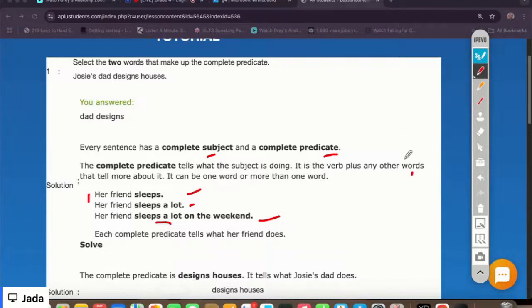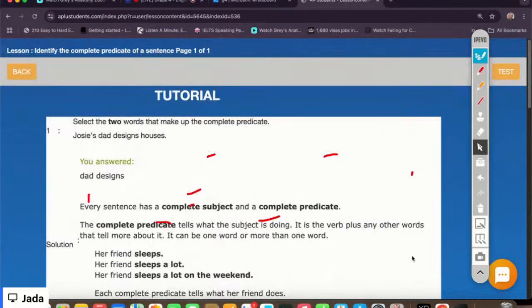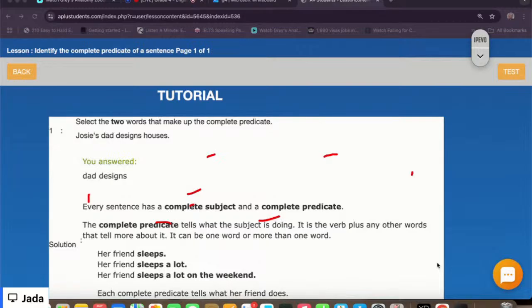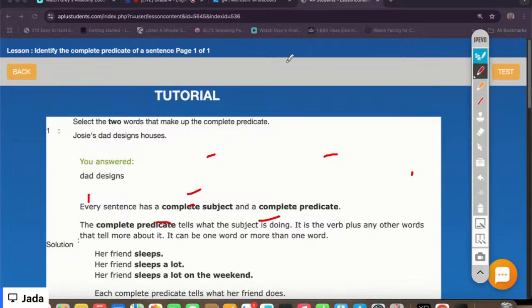All right, let's look at some examples. Alright, so select two words that make up the complete predicate.